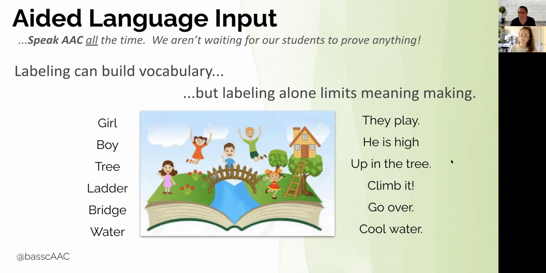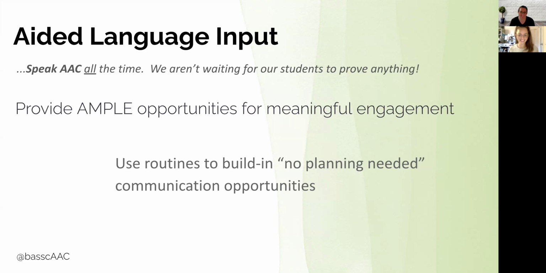So instead of just labeling, we can use core words to describe what's happening in a picture, or describe what we're seeing, and that can help expose our kids to a lot of different words and to core words to help them learn those words that they can then use to make meaning in other environments and settings. So yes, use descriptive language.